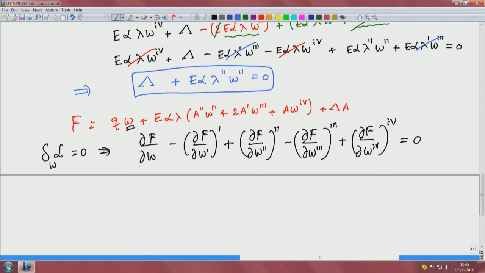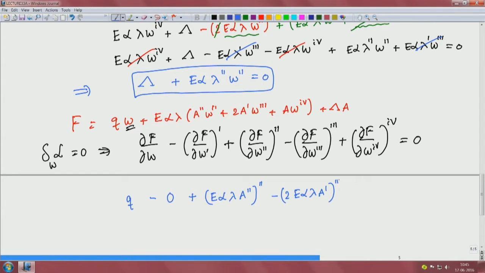Let us do that, even though it may look intimidating, this is a routine process. Dou f by dou W will give us q here, minus W prime term is not there, that is 0, plus W double prime is there, that is going to give us E alpha lambda into A double prime, and then double prime, minus triple prime, we have E alpha lambda with a 2 into A prime, and then that goes as triple prime, and then we have E alpha lambda into A, and that goes to fourth derivative, that is equal to 0.